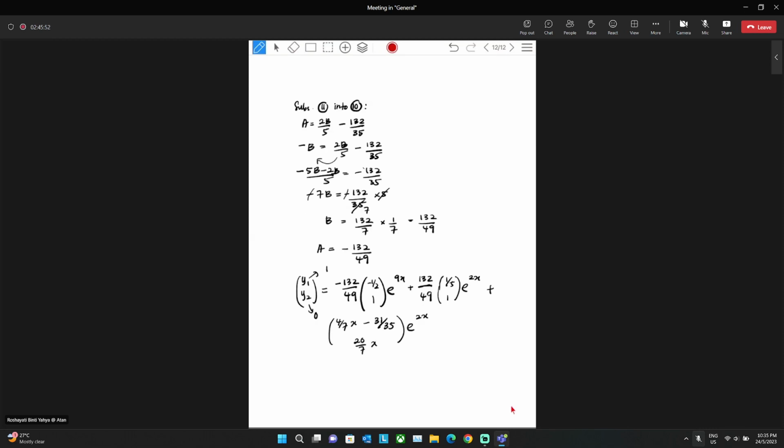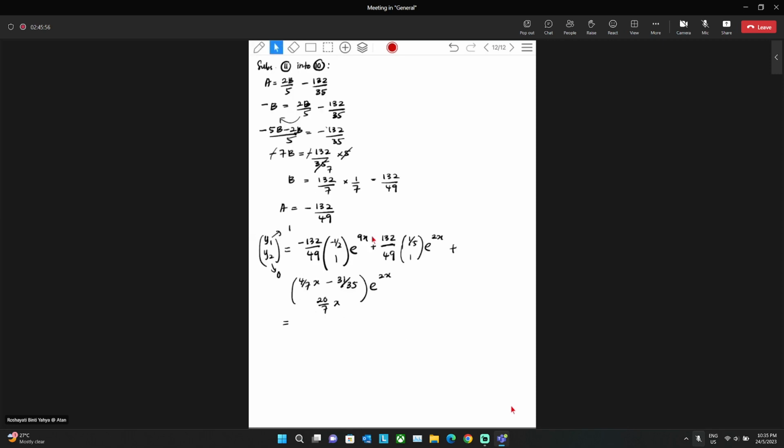So, particular solution, so that you can simplify or combine, factorize.